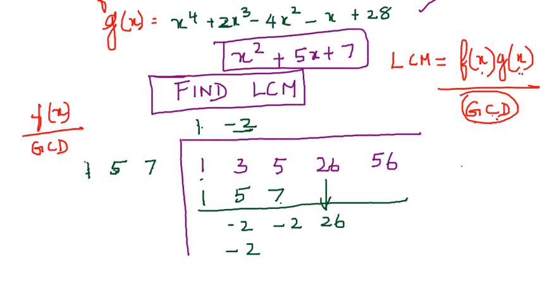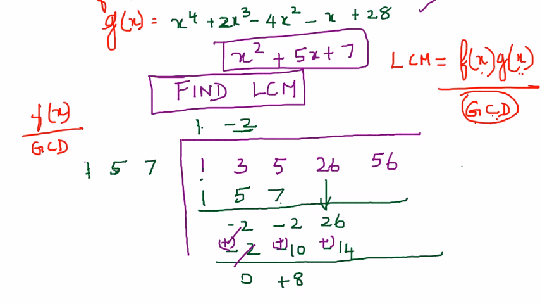5 into minus 2 is minus 10. 7 into minus 2 is minus 14. Now if I have to make this 0, I have to change the sign throughout. So this cancels to 0. This becomes plus 10 minus 2, which is plus 8.